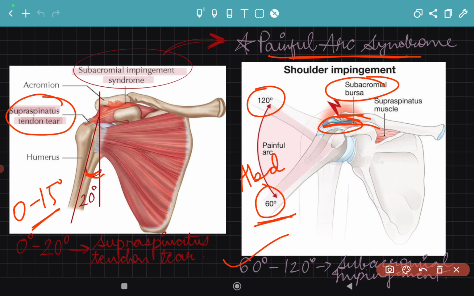So if there is weakness or tear of the supraspinatus, then it is obvious that the muscle will not work at its 100% efficiency, which is initiation of abduction. So the patient will not be able to initiate abduction in supraspinatus tear. If there is a complete tear, then the patient will not be able to perform abduction, not able to start the abduction movement, which is 0 to 15 degrees. So we will come to know that it is a supraspinatus tear.